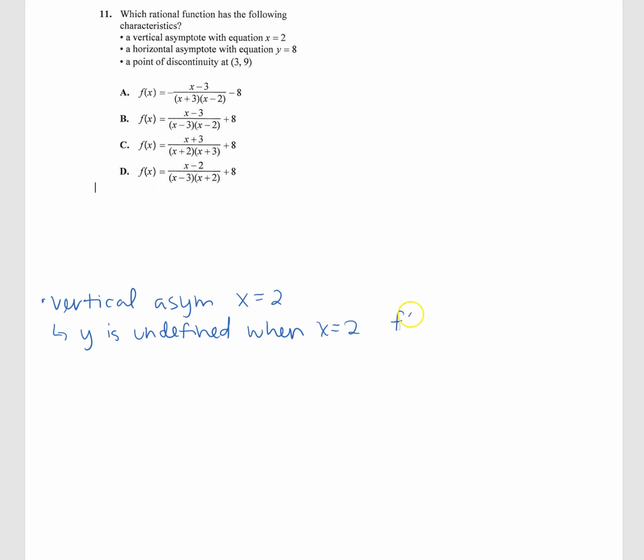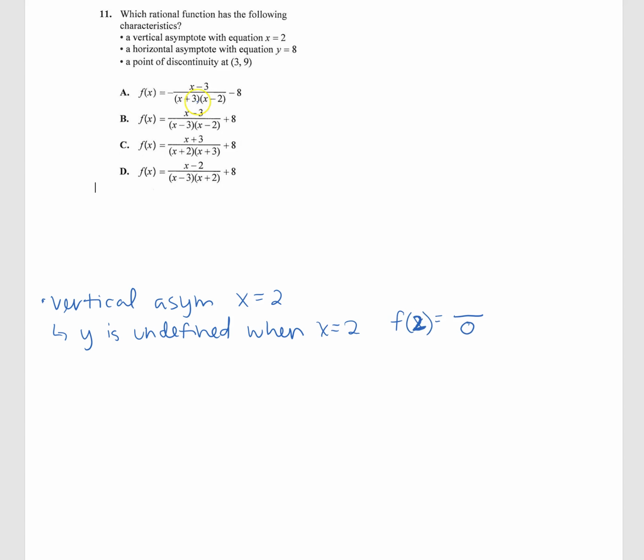So f of x with these rational functions will have a 0 on the bottom of the fraction. There'll be something on the top, but there'll be a 0 on the bottom, and that's when x equals 2. So f of 2 here.